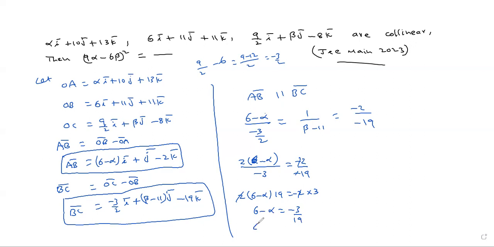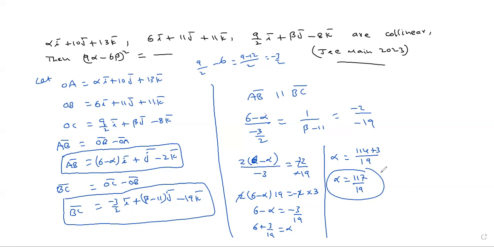Got it? 6 plus 3/19 is alpha. Calculate here: 6 into 19, how much? 114. Plus 3, so alpha is 117/19. Okay, what is alpha? 117/19.